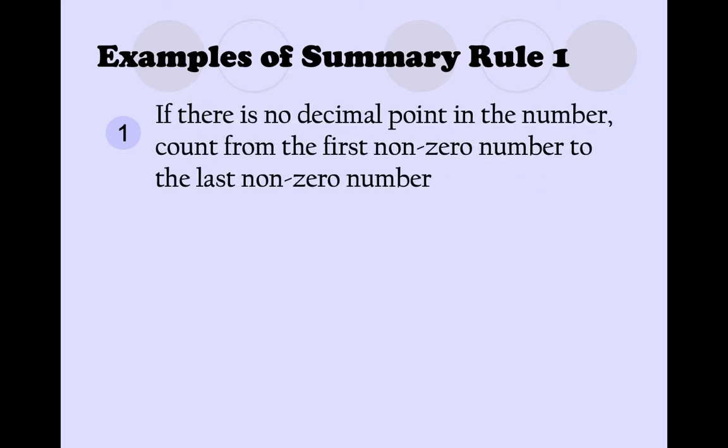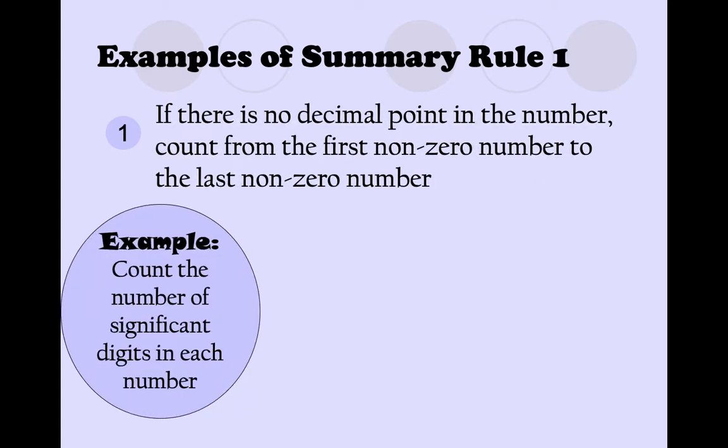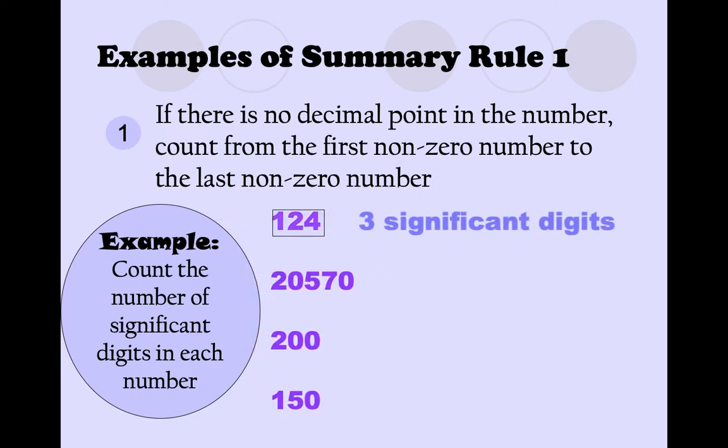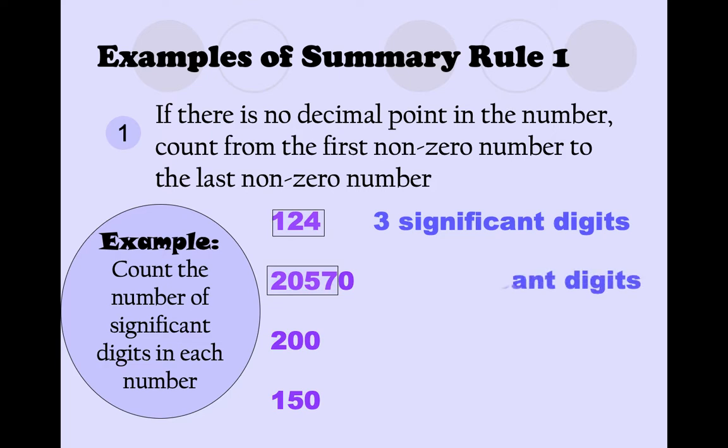So here, if there is no decimal point, then we go from the first non-zero to the last. So here we have 124. So I start at the 1 and I count to the 4, which gives me 3 significant digits. For the next number, I start at the 2 and I count to the 7 because I'm going from the first to last non-zero number.